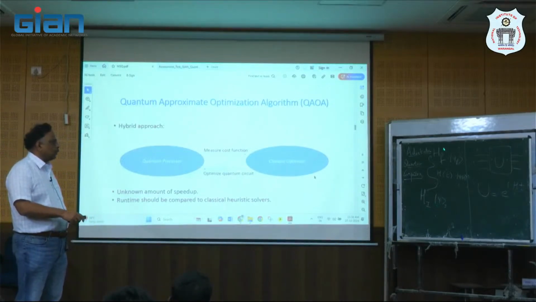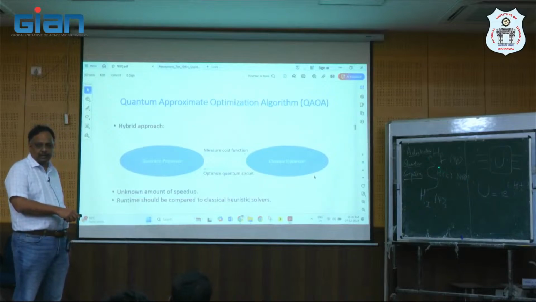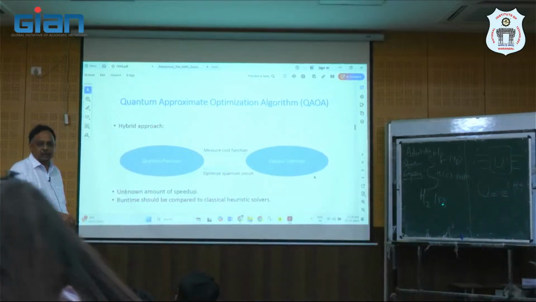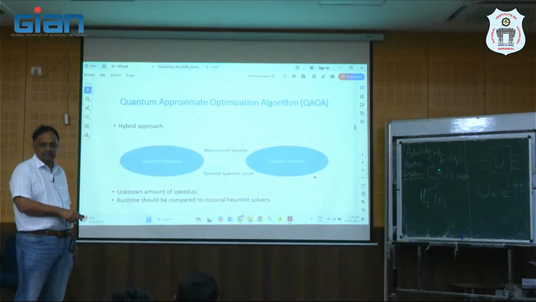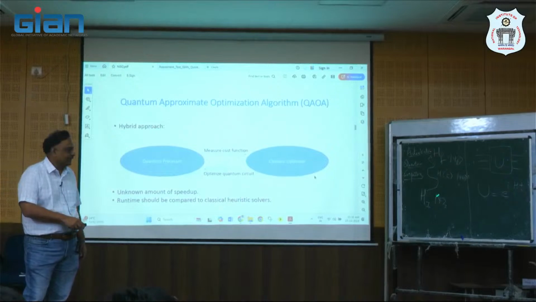Basically, this is your Hamiltonian of interest, correct? You want to reach the ground state of that, or close to the ground state. You start with a simple Hamiltonian, with a simple, easy to prepare ground state. Then you do an evolution from here to here. Slowly you are changing.